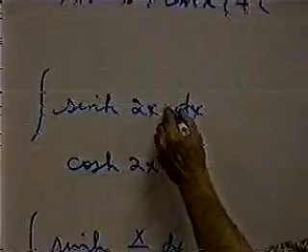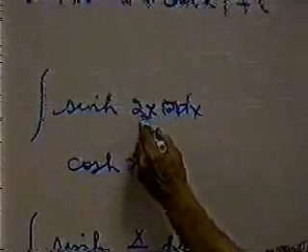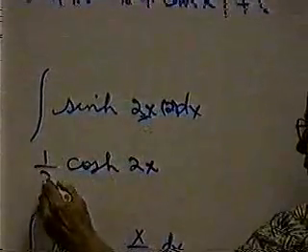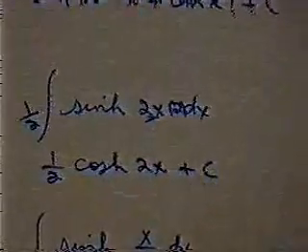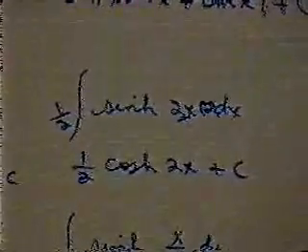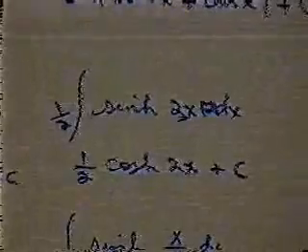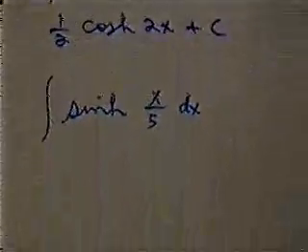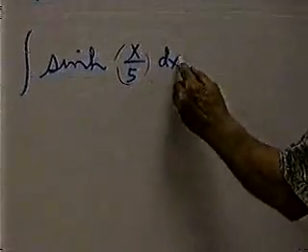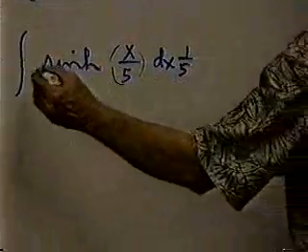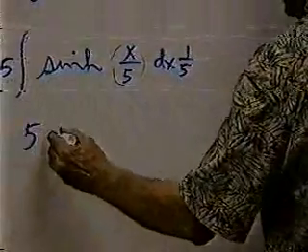All right, don't forget though, we must have a derivative of the object right here, so we need to have a 1/2. Okay, and I'll work some more, but I'm just saying you've got the rules now for the antiderivatives of hyperbolic functions. So look at the next example. I need the derivative of this thing right here, so I need a 1/5 of the problem and a 5 out front.